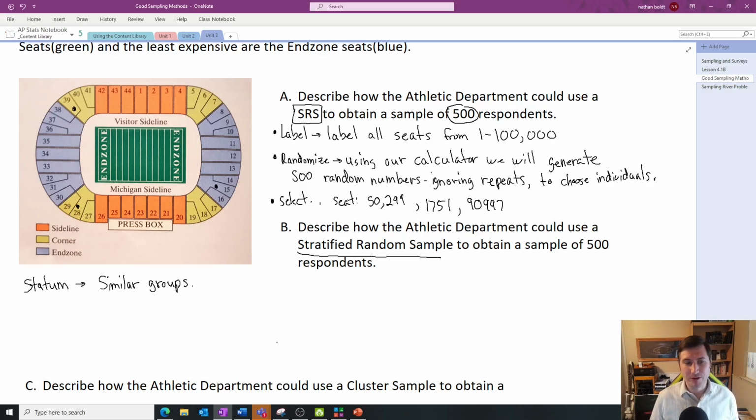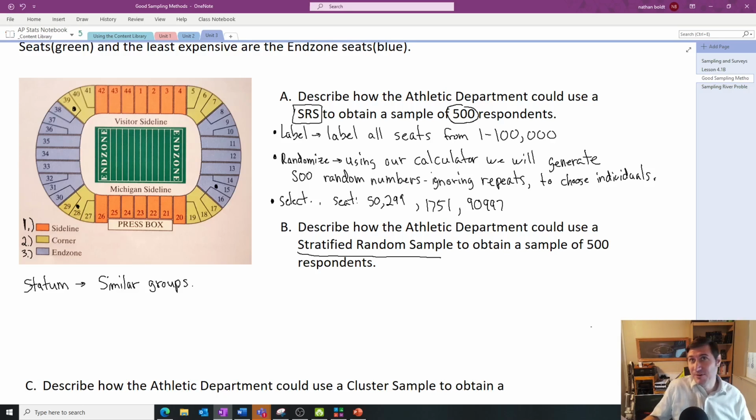And our only real option here is by type of seat. These people right here, the most expensive seats, we'll put as one stratum. The second one will be the corner people because they paid a little bit less, and the El Cheapos, the end zone, will be our third stratum. Does it sound reasonable that people who paid more for a ticket might have a different opinion about the food than the people who paid less?